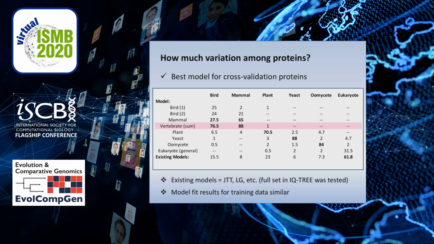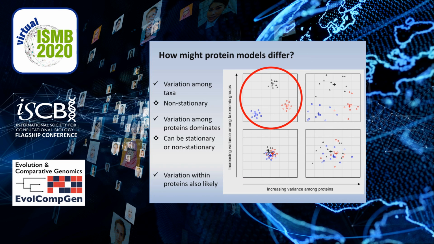However, what I feel pretty comfortable saying is we're probably in this part of parameter space here where I've circled, where there's a fairly big differentiation among groups of organisms and reasonably tightly clustered near sort of a best model for each clade. There certainly is variation among proteins within each of those clades, and certainly, although we didn't look at it here, variation within proteins among sites.